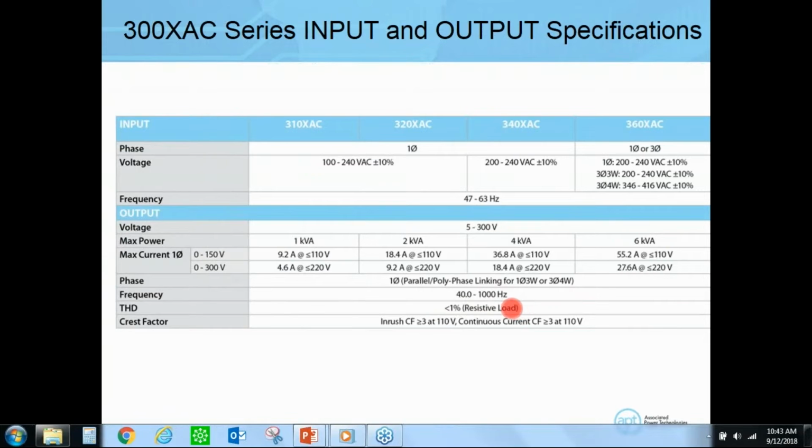This one's usually listed for resistive load. And we mentioned crest factor. So initial crest factor, we allow up to more than 3, and continuous crest factor, again, more than 3 at 110 volts. Now, these are listed to make sure that the power delivered to your product is able to handle any non-ideal load, which may skew the sine wave up or down.